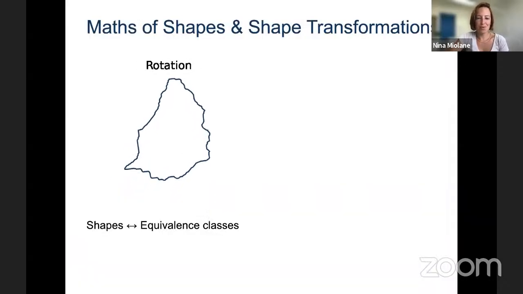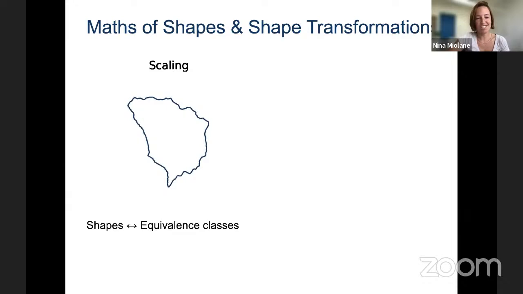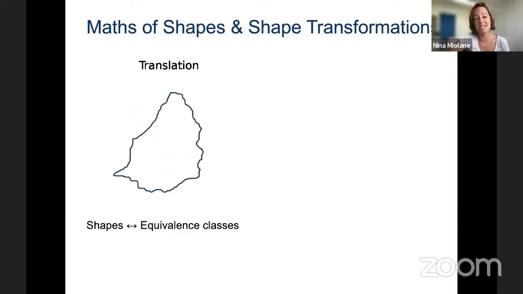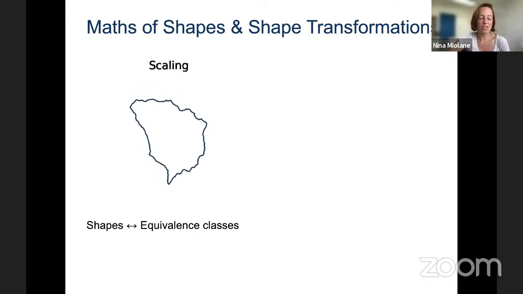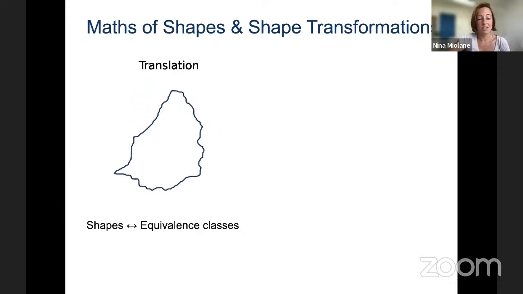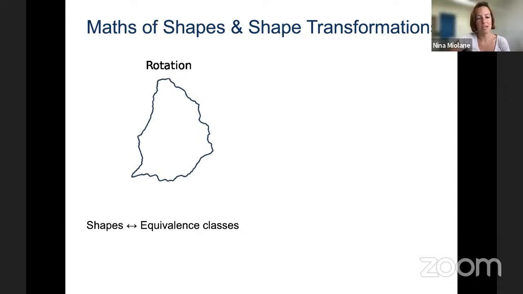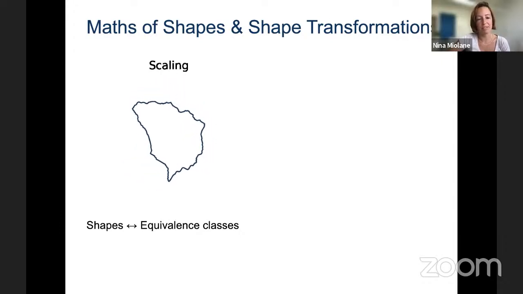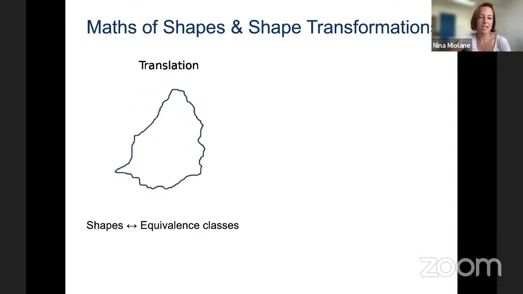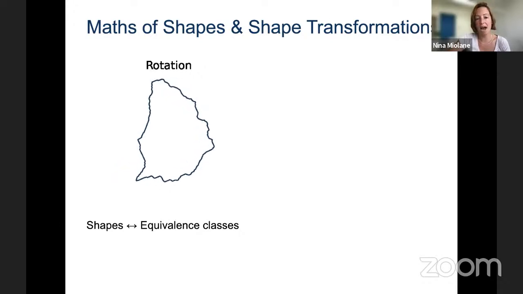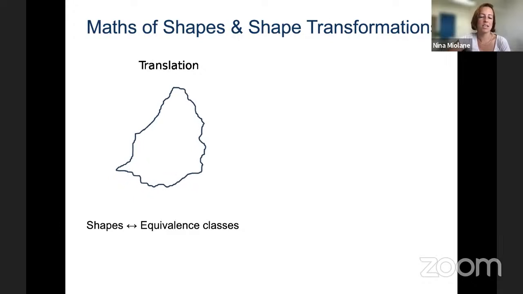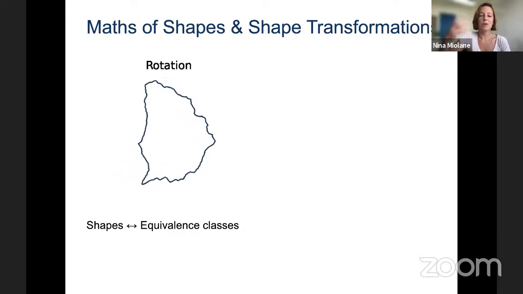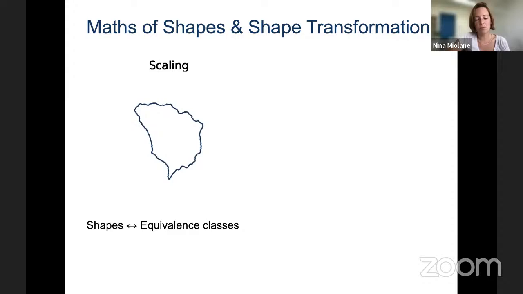So let me give you a fast introduction on the mathematics of shapes and shape deformation or transformations. So first on the left, you see a cell shape. It's actually a shape of a cell with bone cancer that is undergoing 3 types of transformation: scaling, translation, and rotation. Now, it always depends on the question that you want to answer.